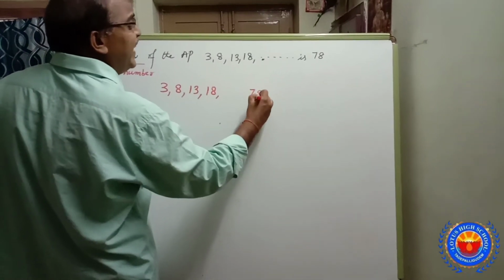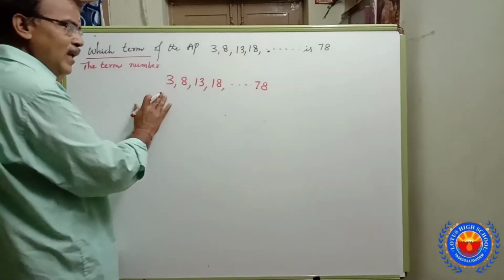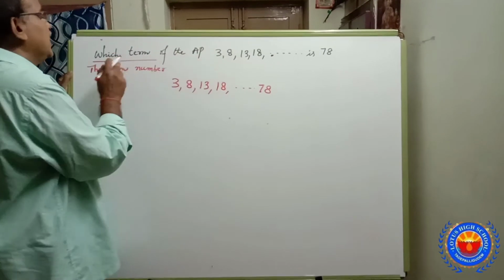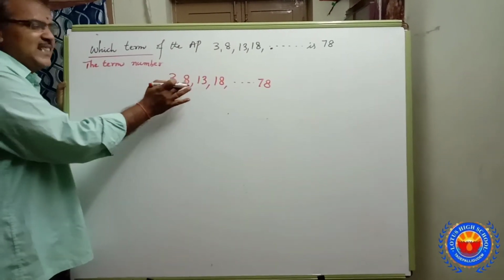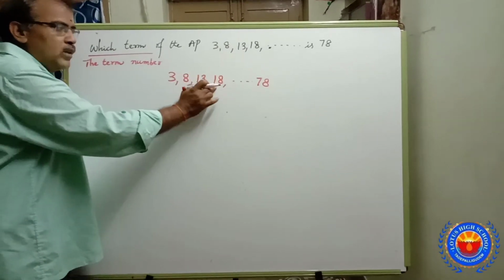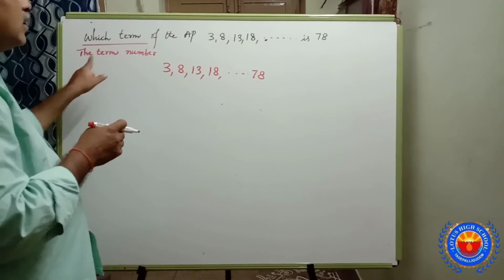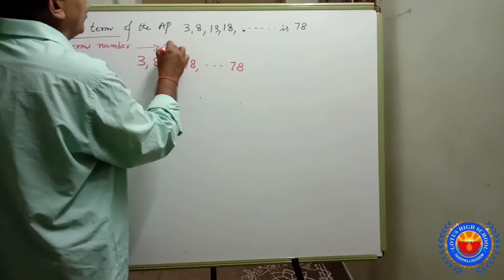This 78 is which term? We don't know if it is the fifth or sixth. So the term number is nothing but n, we have to find it.